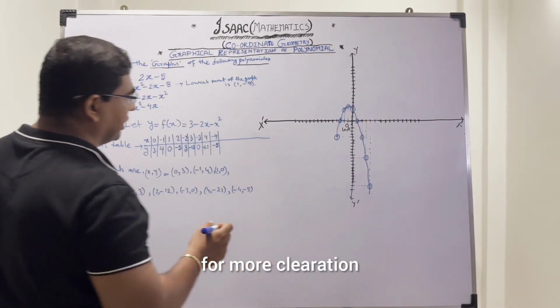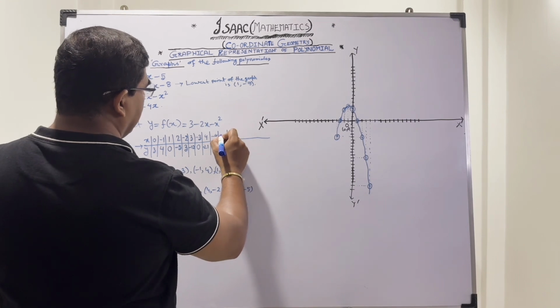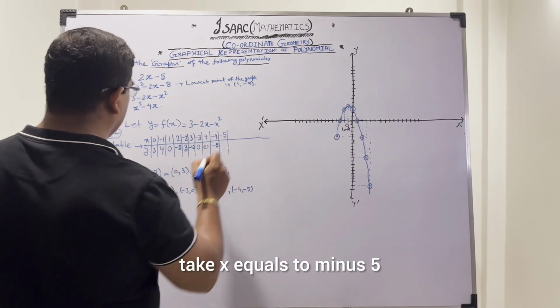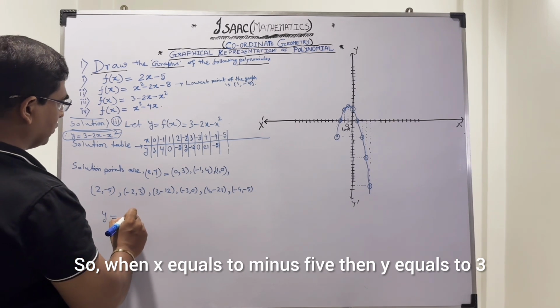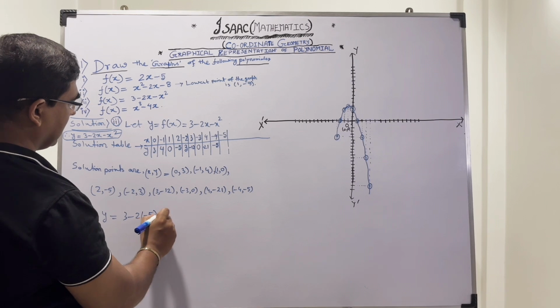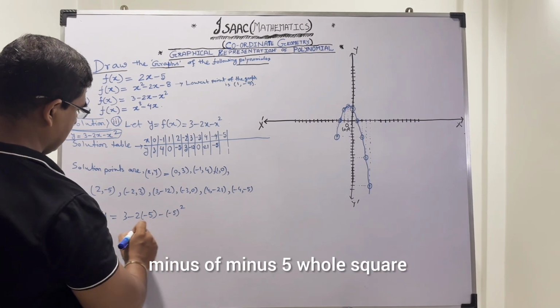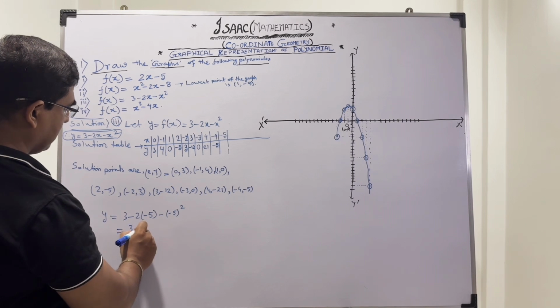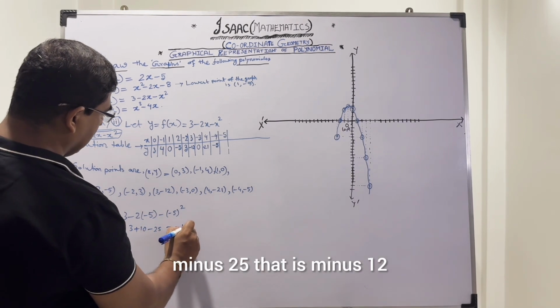for more clarity, we take another point. Take x equals minus 5. So when x equals minus 5, then y equals 3 minus 2 into minus 5 minus minus 5 whole square. This will give 3 plus 10 minus 25, that is minus 12.